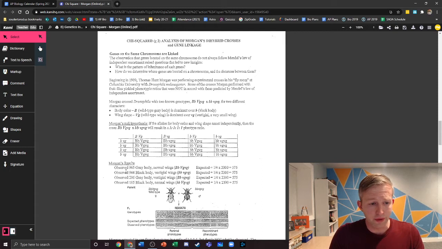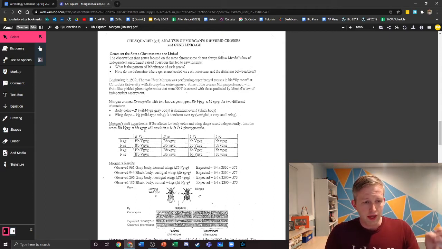The next problem, though, is that if the body color and wing shape genes are contained on the same chromosome, then there would be an expectation that the recessive fly is going to pass on a little b and a little v no matter what, right? But the other fly is capable of passing on a big B along with a big V, or a small b with a small v.